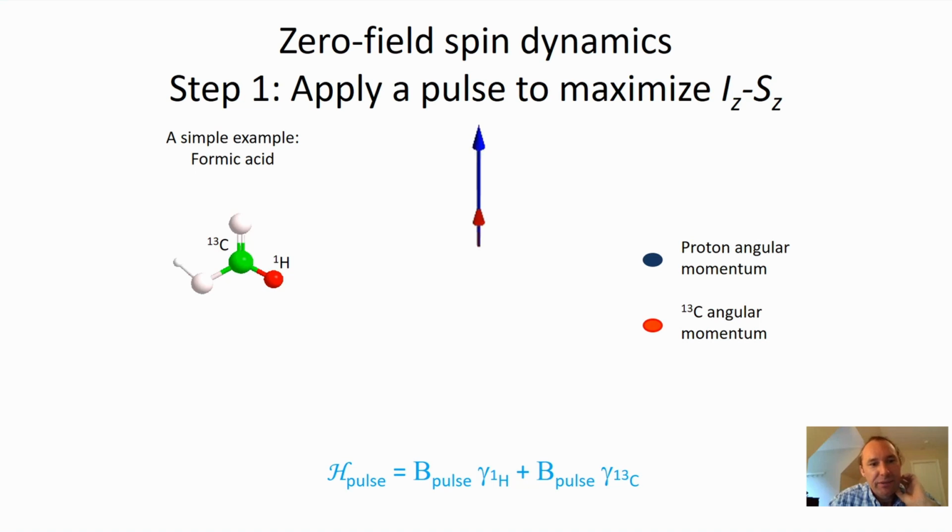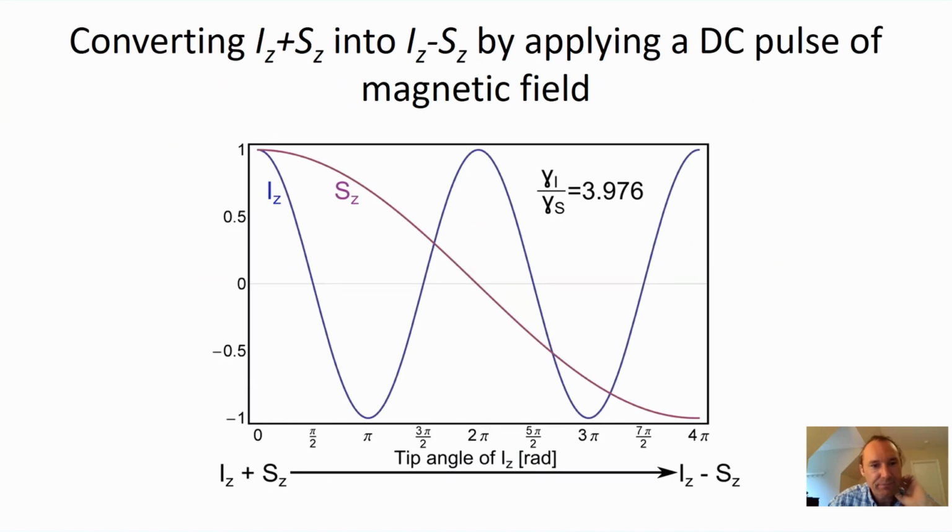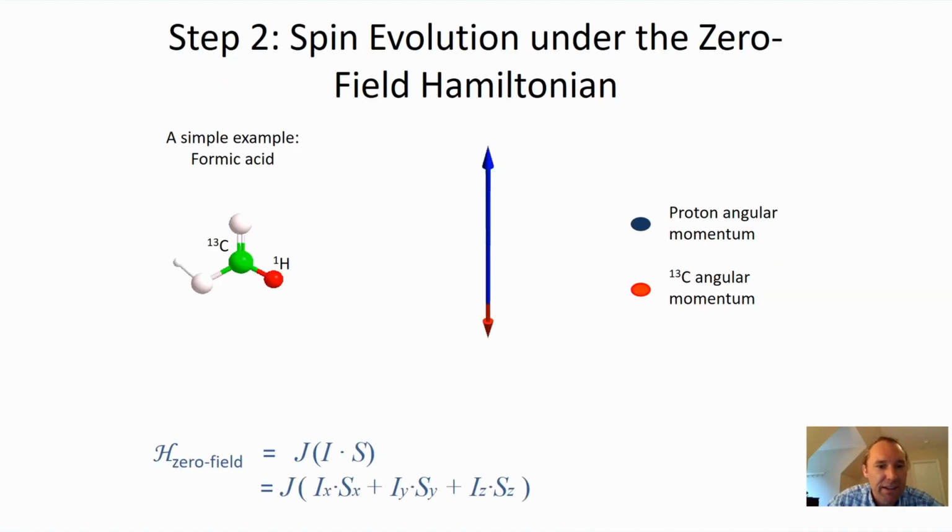Even if you don't apply a pulse, and you start in this place where you have less carbon polarization than proton polarization, of course, there is a component of IZ minus SZ in here. There is already a difference. You just haven't maximized it yet. So you can actually detect a signal even without applying a pulse. But with this pulse, you maximize the signal that you can get.